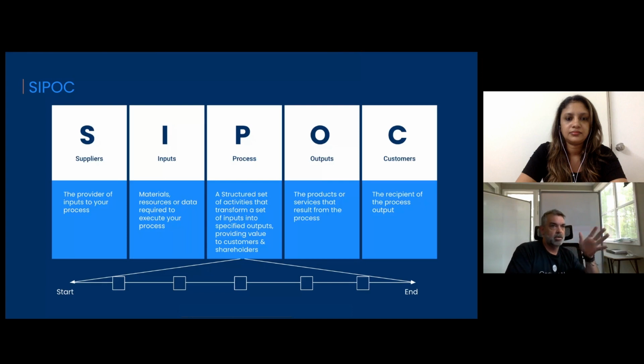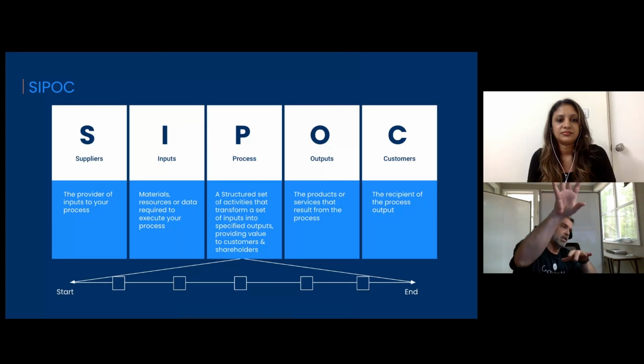You use a SIPOC and you can say, this is the supplier, these are the things, whether that's the water, the heat, and here are the inputs. Then I can start to look for areas that I might want to improve. All of these different tools allow us to figure out how to be more effective and identify patterns.